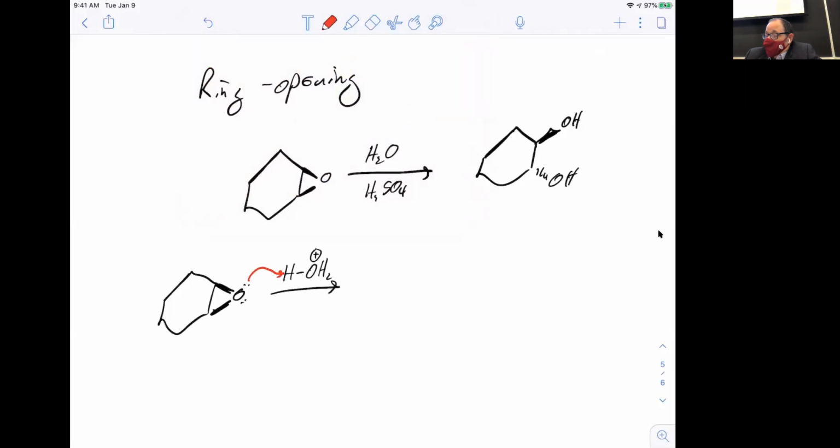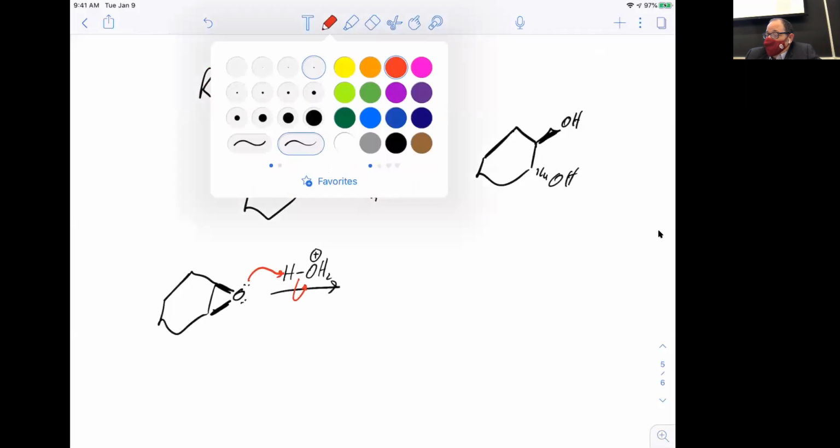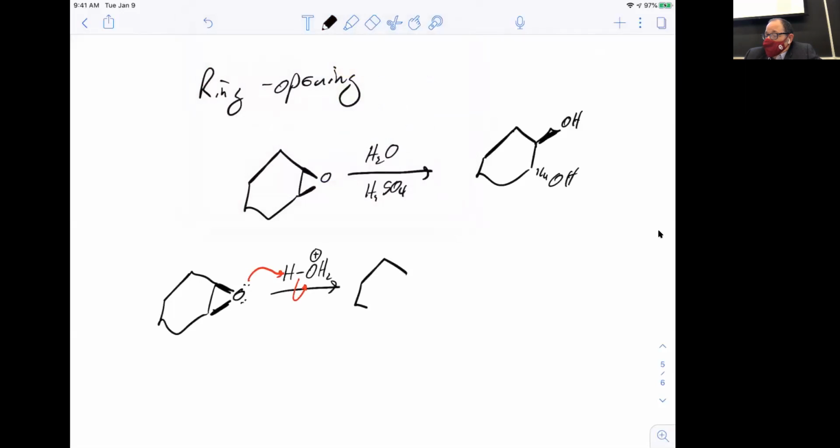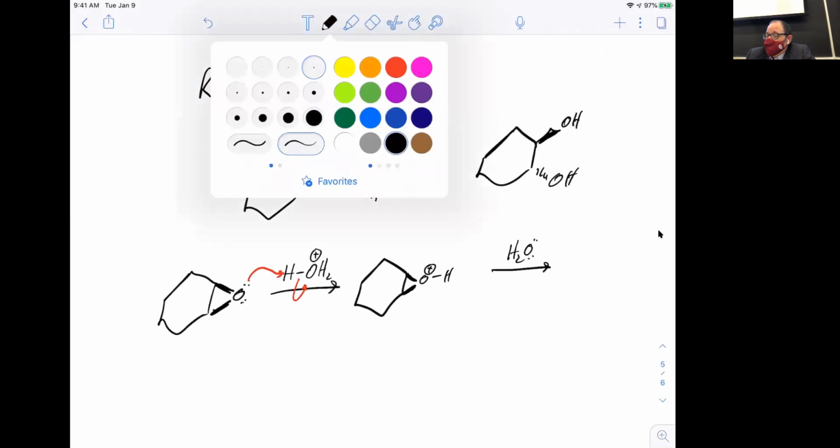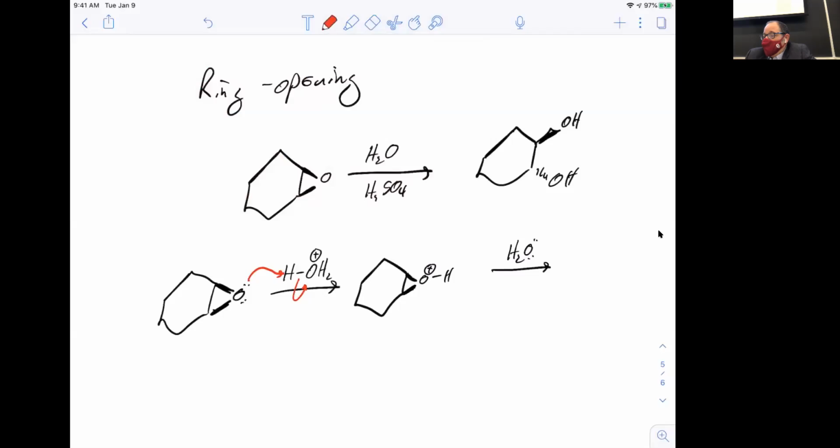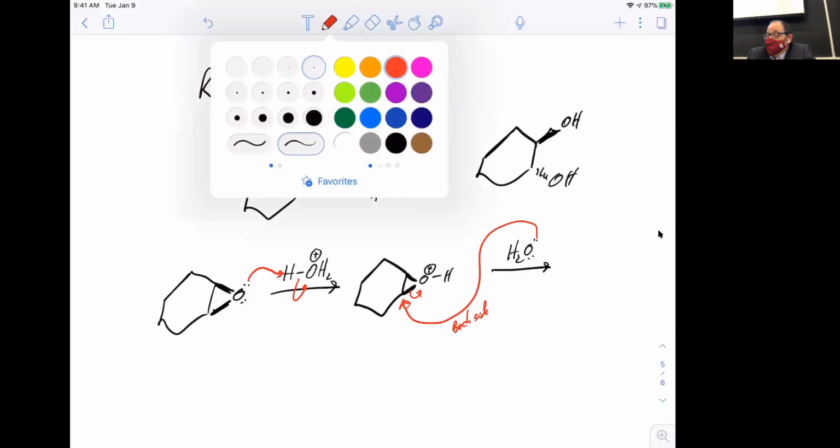So lone pair attacks the proton, electrons go over. We form this protonated oxygen, protonated epoxide. Then the water comes in, attacks from the backside. Okay, think about SN2.